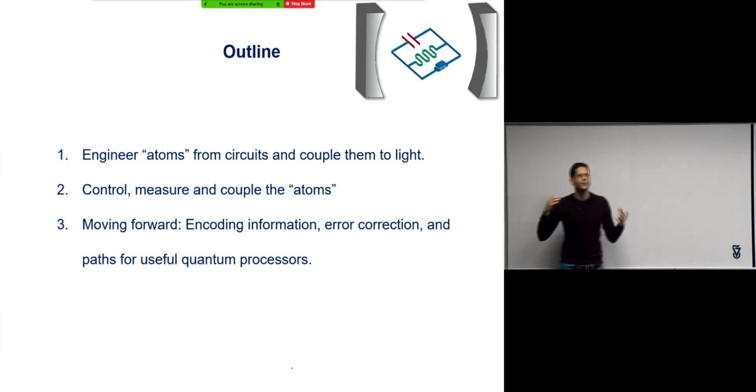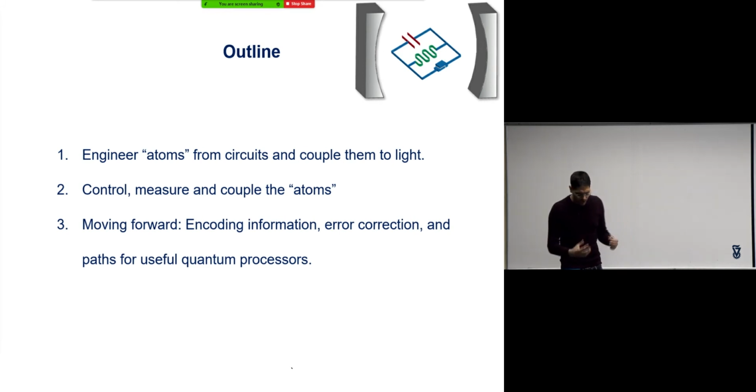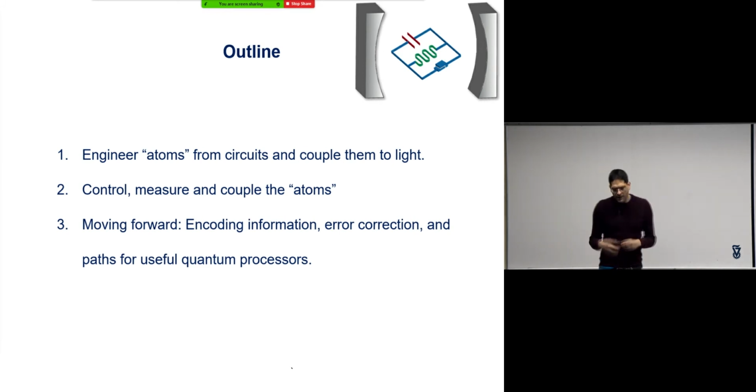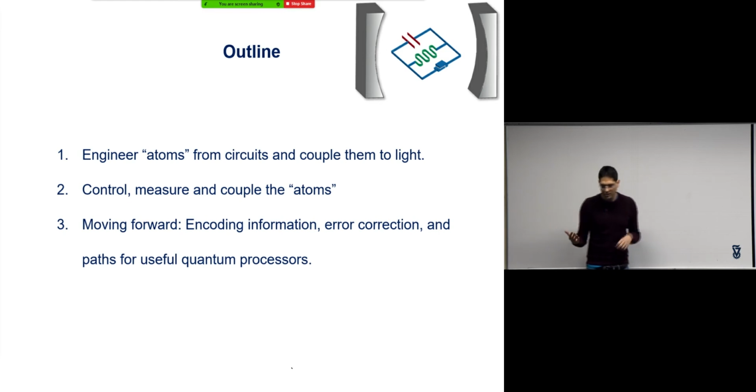Essentially, a pretty much parallel discussion to what we had with the cavity QED, only what it looks like here. And then, depending on how much time we have, we'll talk about more advanced stuff: encoding information, error correction, and how do you look forward, or how would you think of realizing actual, real, useful quantum processors?